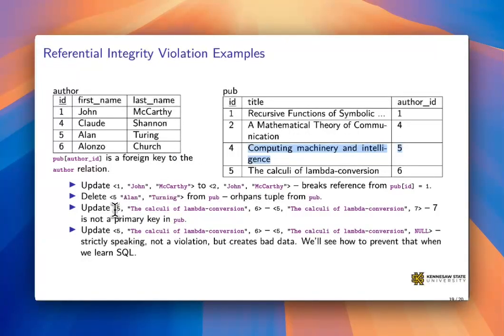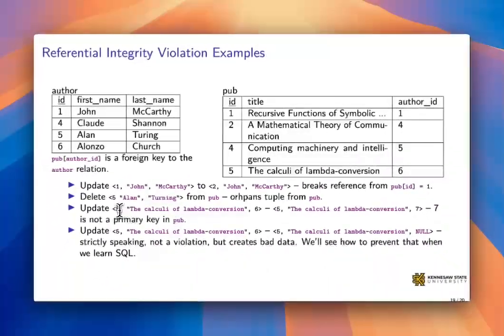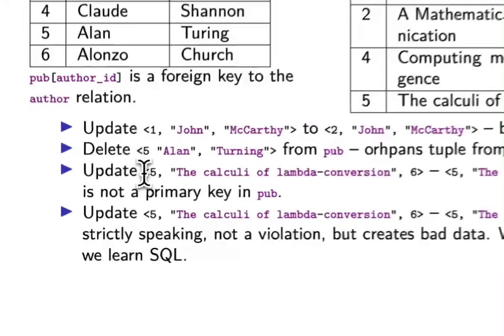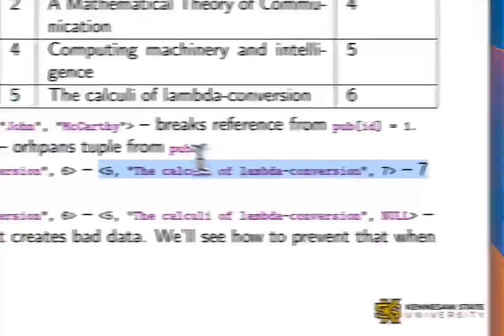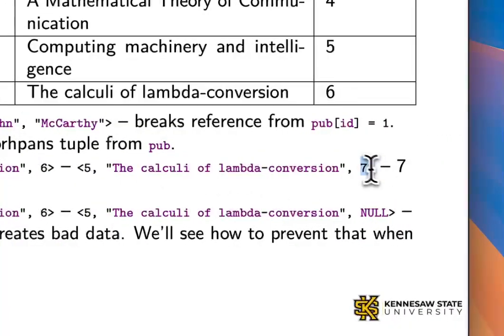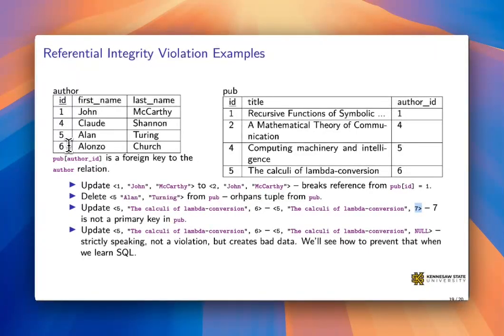And then if we updated in the pub table The Calculi of Lambda Conversion to this tuple, where we change the author ID reference from 6 to 7, 7 doesn't exist as a primary key in the author table, so that's a referential integrity violation. And then finally, we have something a little more subtle.